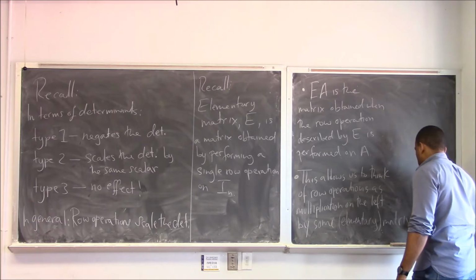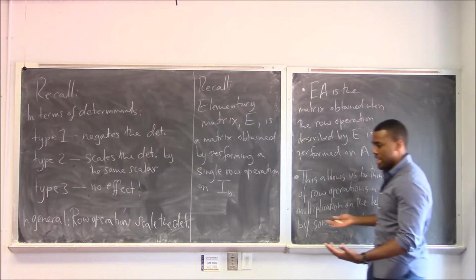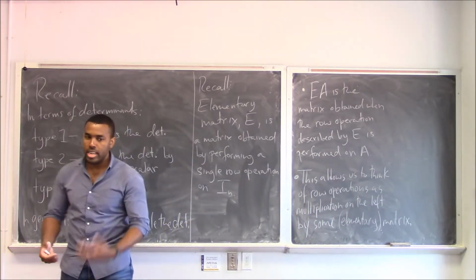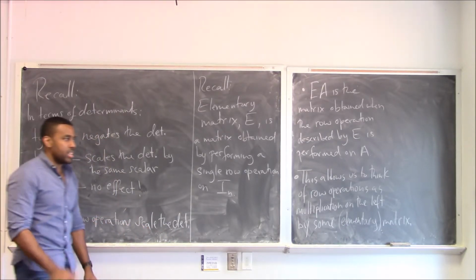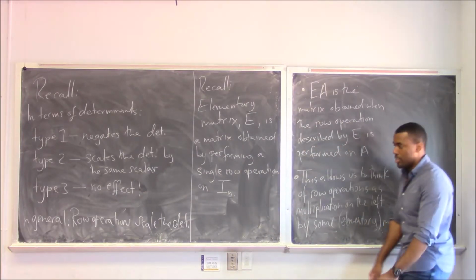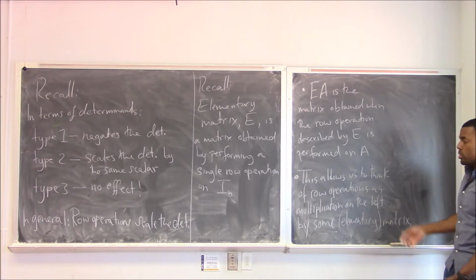Because when you talk about row operations, it seems like this ephemeral thing, you can't really get a handle on it. When I tell you specifically, it's multiplication by this matrix, that's something concrete that you can actually use, move around, and manipulate algebraically. You can't really manipulate a row operation algebraically. So this gives us an algebraic handle on things. It's a very useful technique.